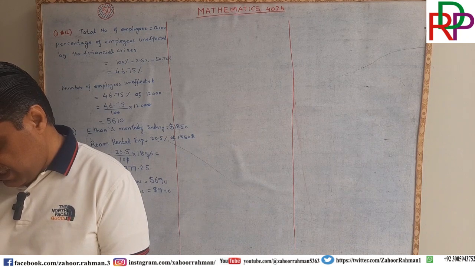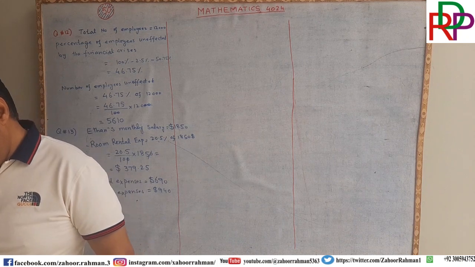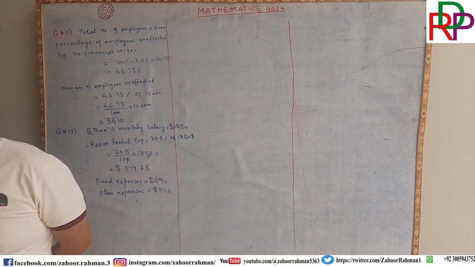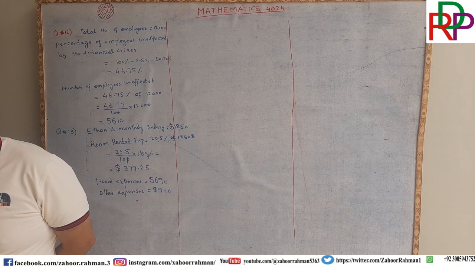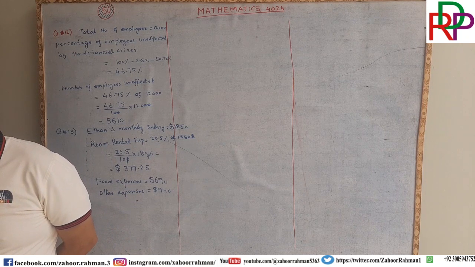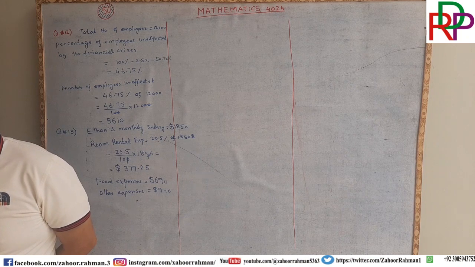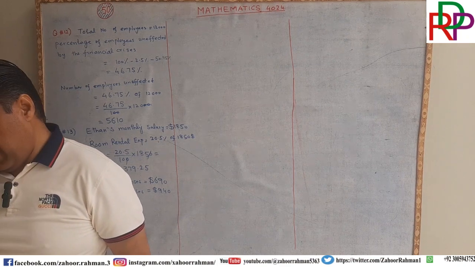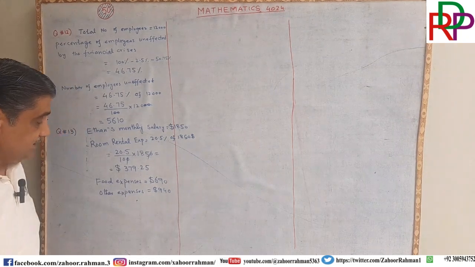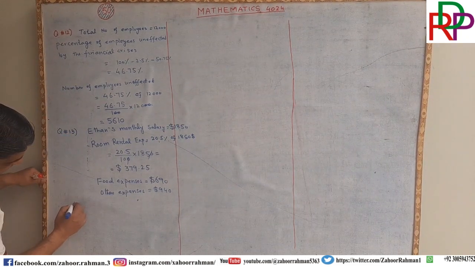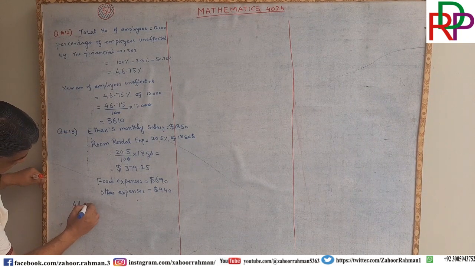his monthly salary, giving your answer correct to two decimal places. So now we have to add all expenses.